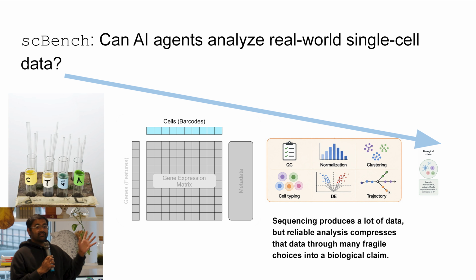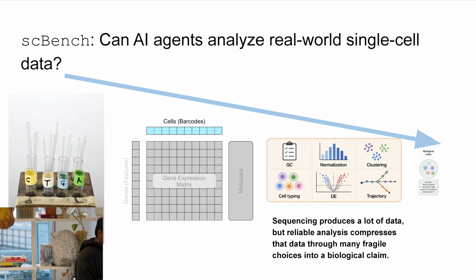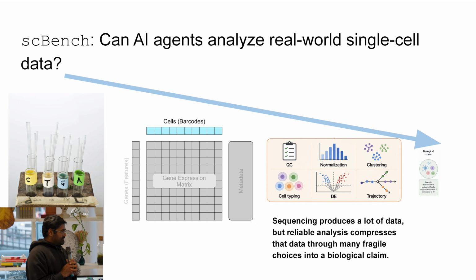So basically, we have a ton of data that we've sequenced, and now analytical bottlenecks are slowly beginning to creep up because we're not able to confidently say if the answer is right or not. And to that end, the AI agents have, to a large extent, been able to alleviate this problem, but I don't think we're there yet, and that's what we're trying to investigate with this experiment. So sequencing has definitely improved.